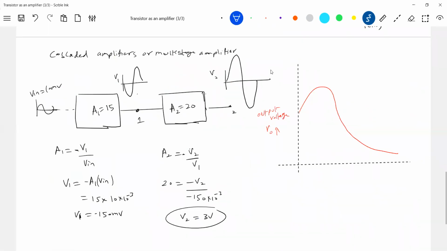This is output voltage, and this is input voltage. When I plot the output voltage versus input voltage, I get a graph of this kind. What do you mean by this? Then what is the voltage gain ratio? So where will the gain be maximum?